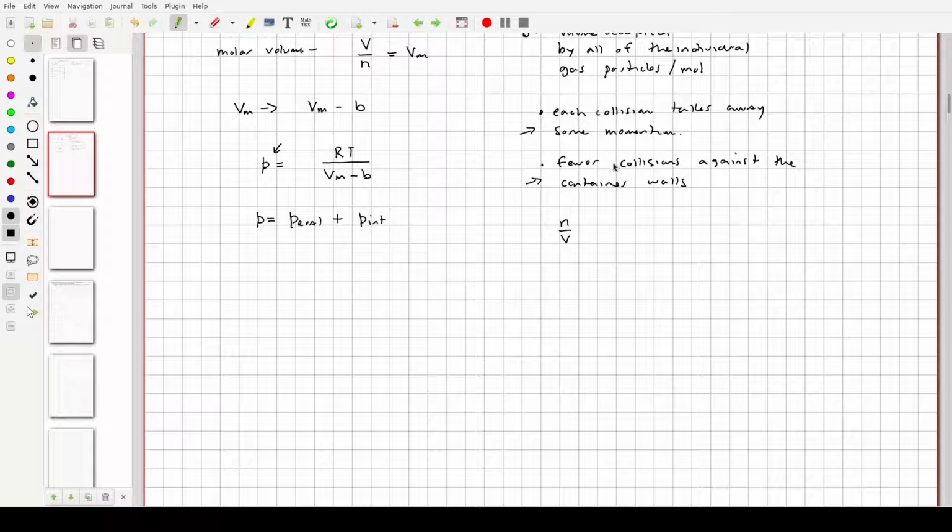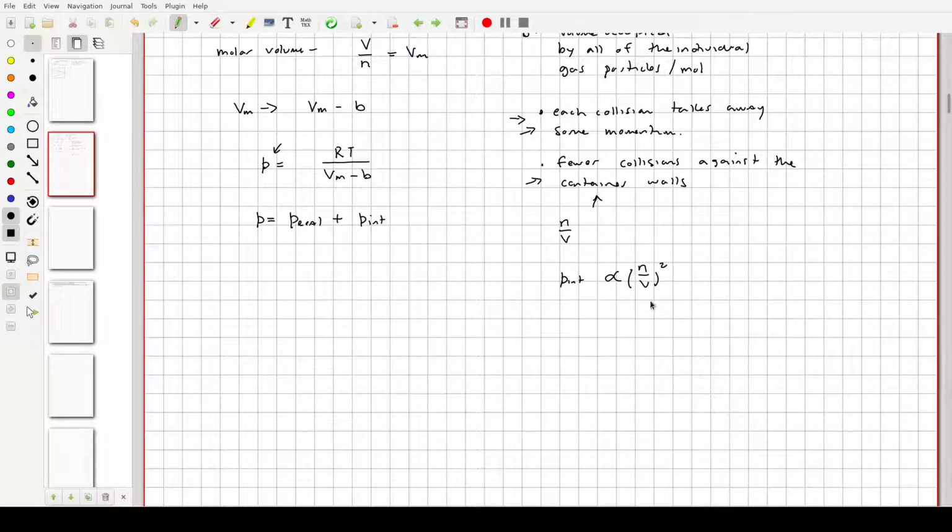That also means that you're going to experience that many fewer collisions against the container walls. So this pressure right here, due to the collisions, is going to be proportional to the number of moles per volume for this one, and also the number of moles per volume for this one.